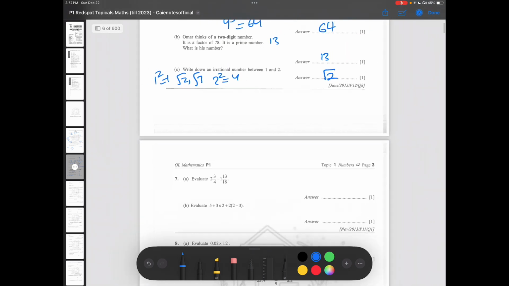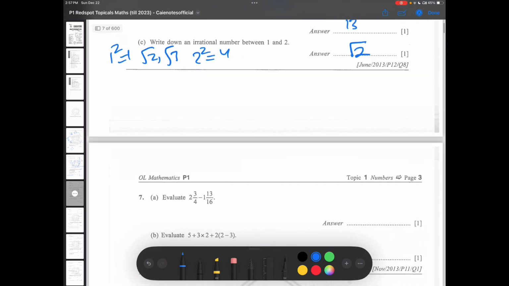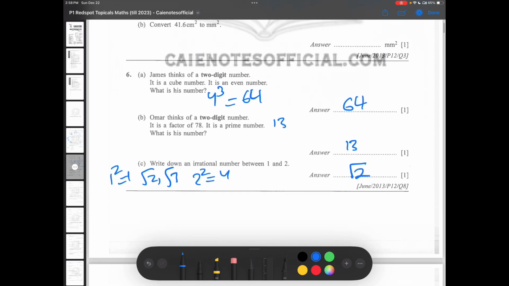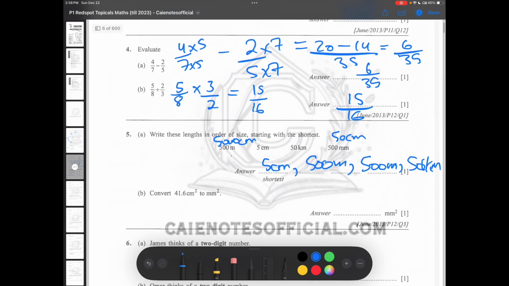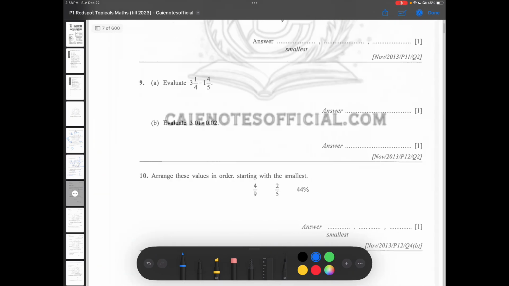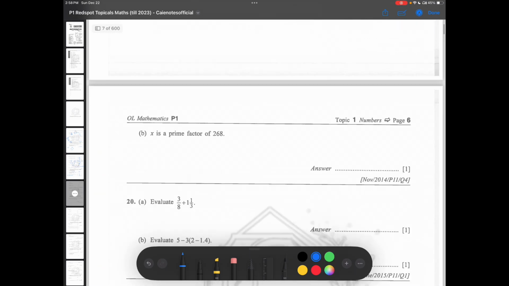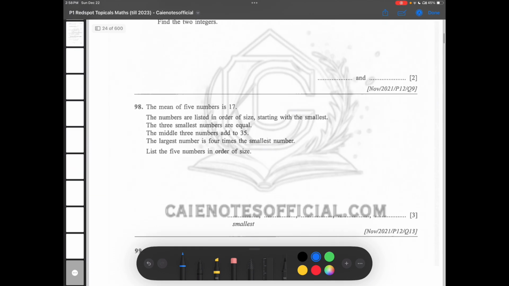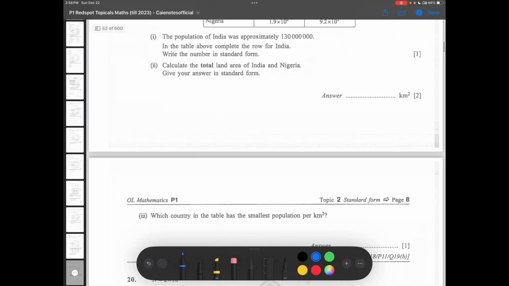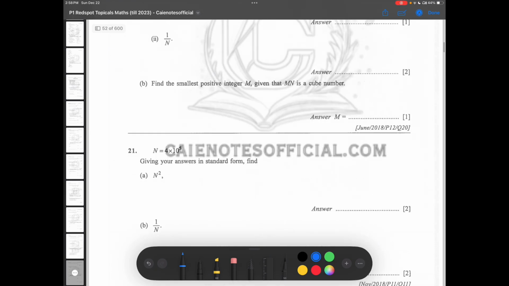Now I will move to these were the questions that came in the paper of 2013. Now I will solve the latest questions from the past papers of 21 or 22, so you can also get an idea how the questions have changed throughout the years.